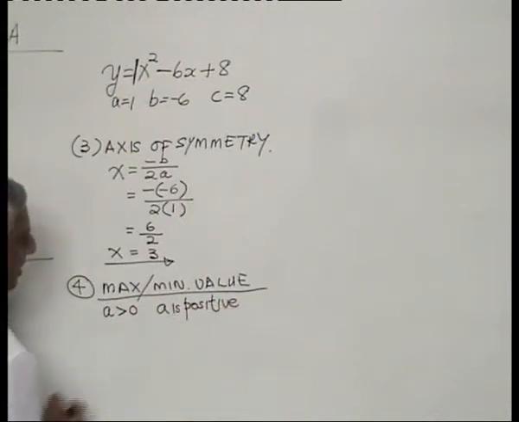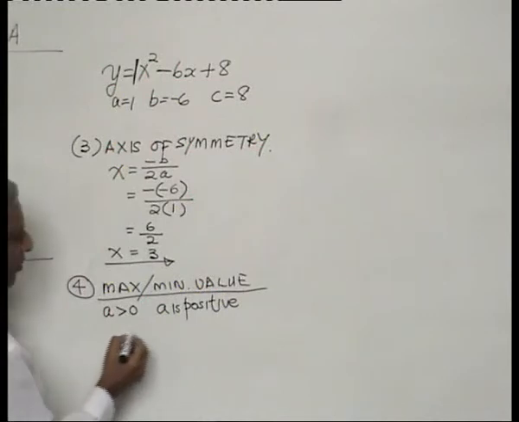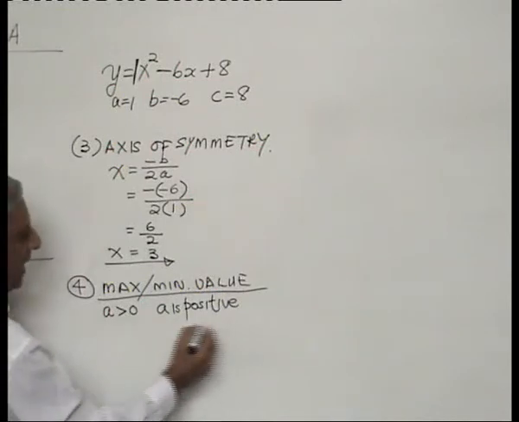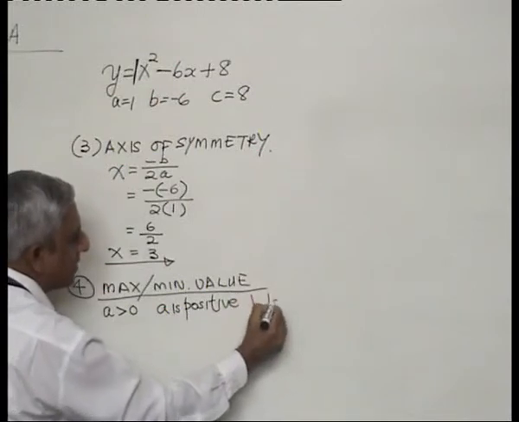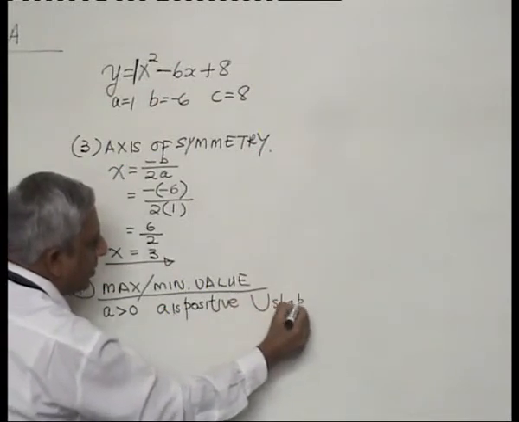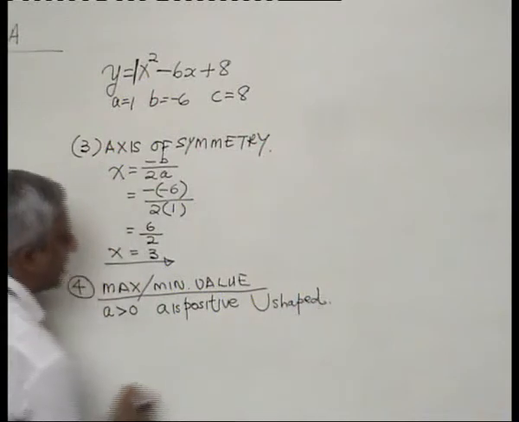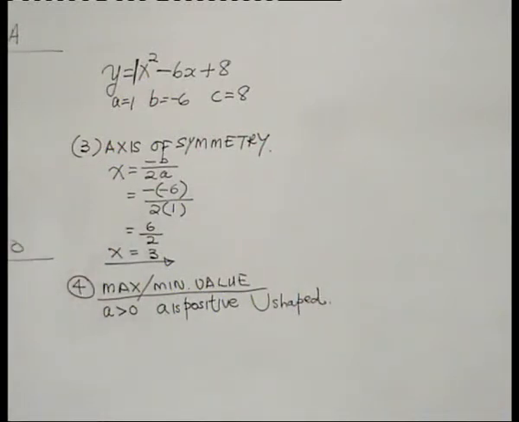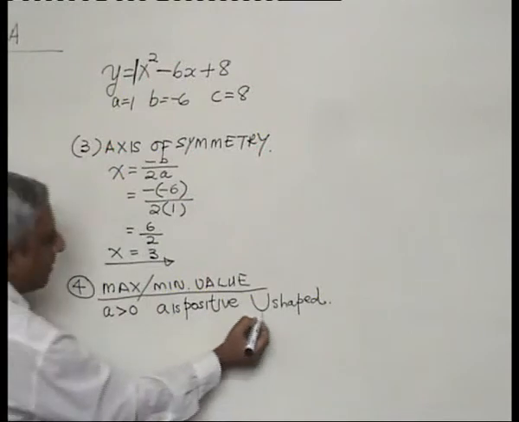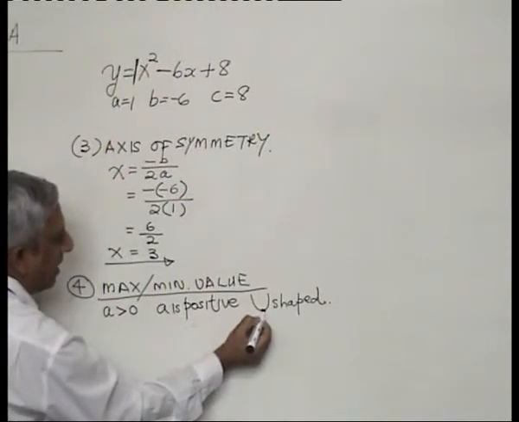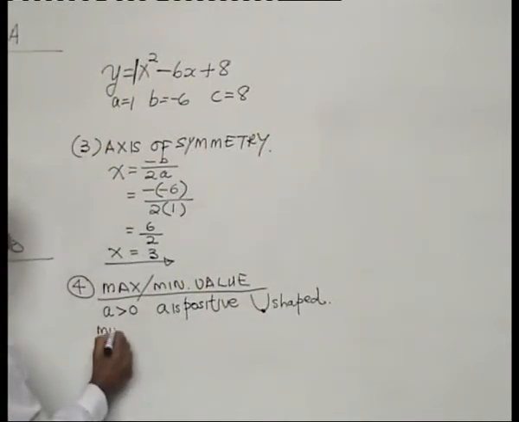And I trust that you have done a number of examples so far, and you know that when A is positive, it is valley shaped. If you don't know this fact, my advice is to go and draw a number of graphs and confirm this for yourself. So if A is greater than 0, then the graph is U-shaped or valley-shaped, and therefore we have a minimum value.